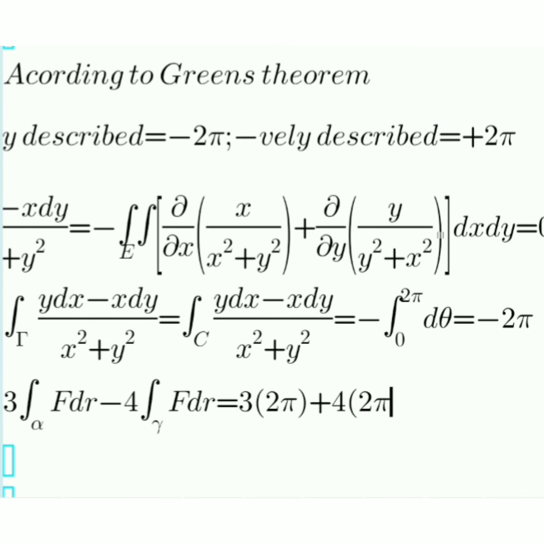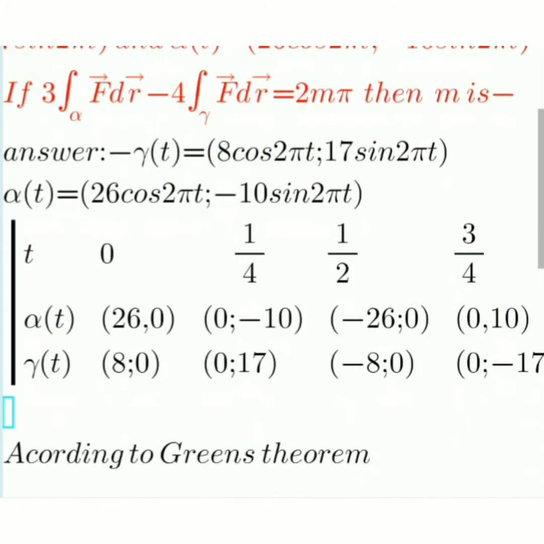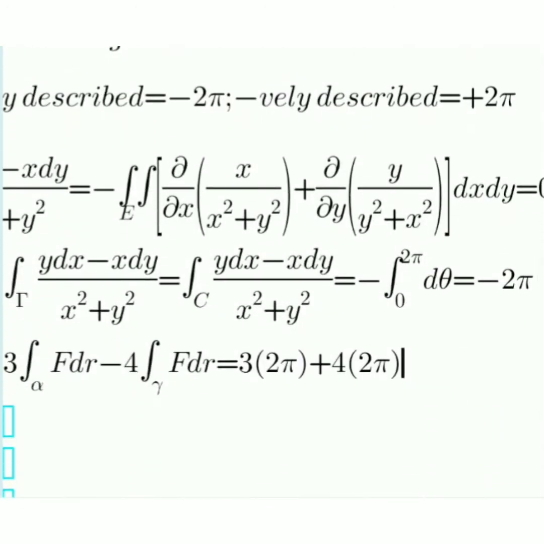According to the theory, y dx minus x dy divided by x square plus y square, according to Green's theorem, this value is minus 2 pi, and another value is plus 2 pi if it is negatively described. Negatively described means it is moving clockwise. Then 14 pi. So friends, this is my answer.